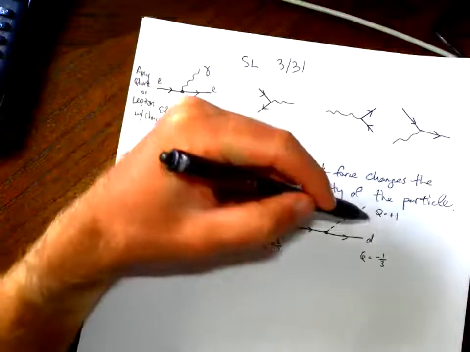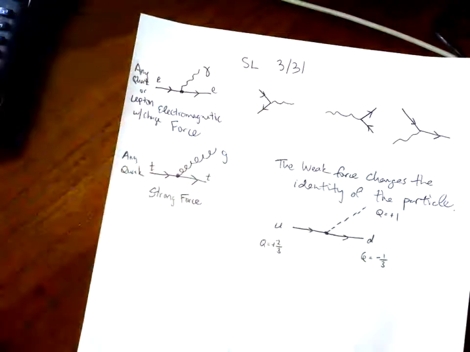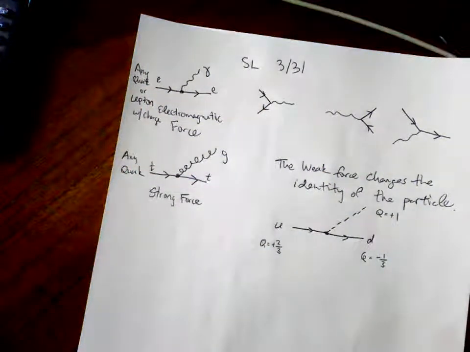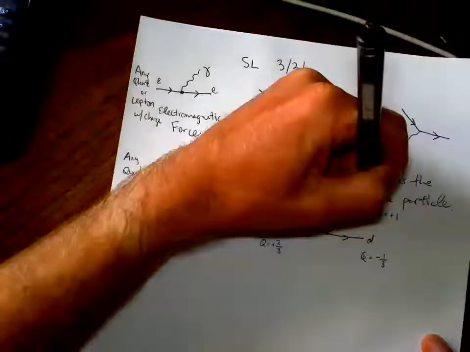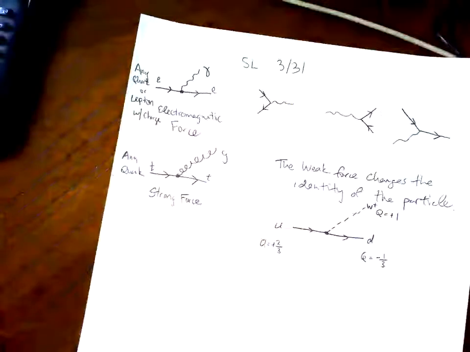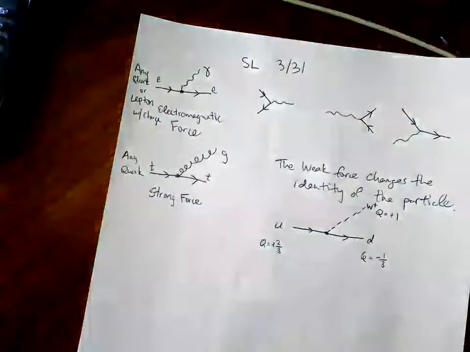Now, which of the weak force carriers has a charge of plus 1? Well, there are 3 force carriers for the weak force: the W plus, the W minus, and the Z. W plus has a charge of plus 1, W minus has a charge of minus 1, and the Z boson has a charge of 0. So this would have to be the W plus in order to conserve electric charge.